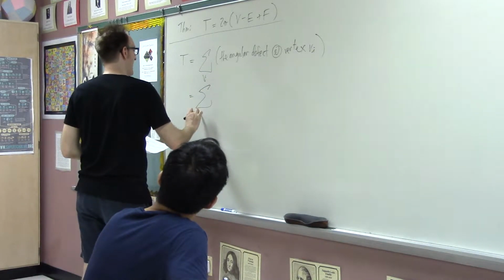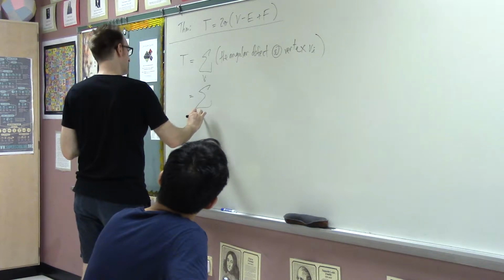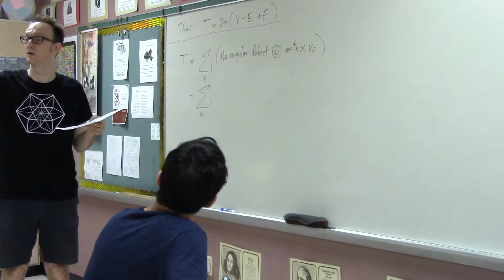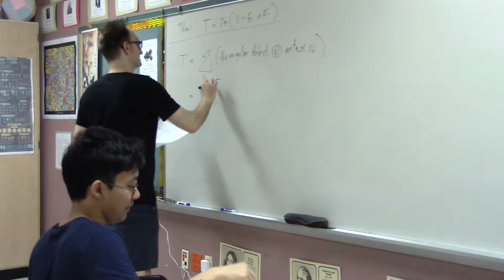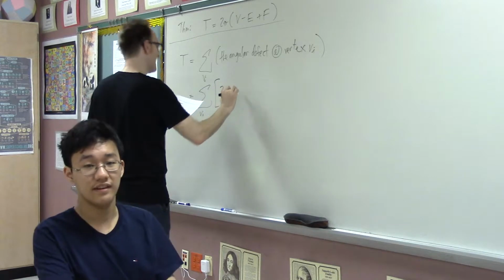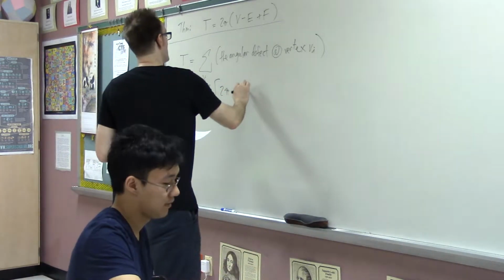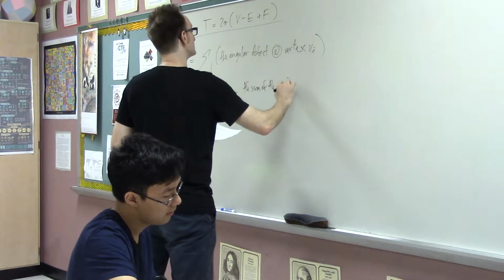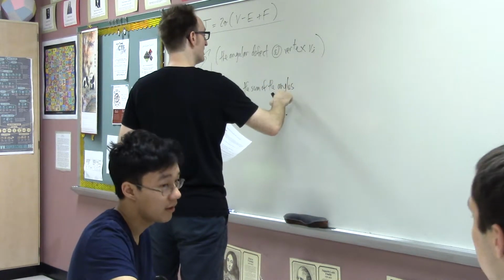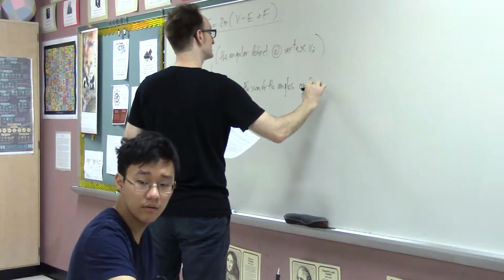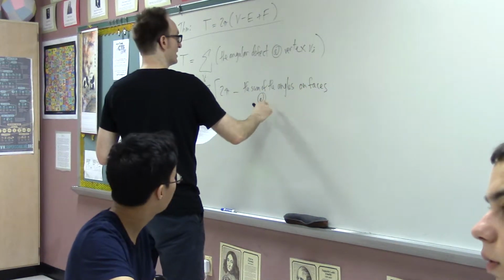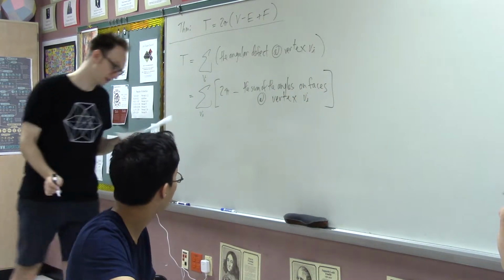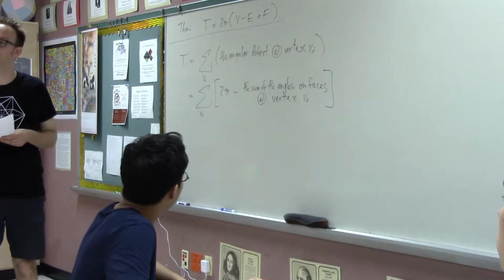But I converted back now to radians. So this is going to be 2 pi minus the sum of the angles on the faces which are at vertex v sub i. Good enough? Say good enough.